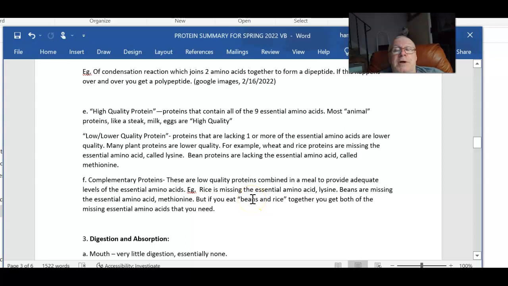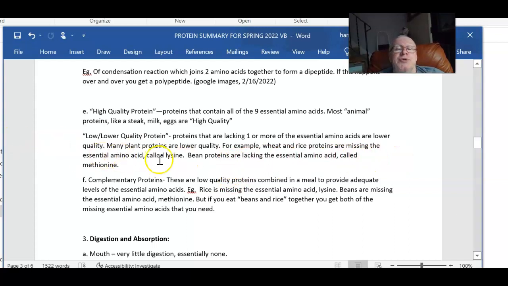The rice is missing lysine, but the beans have lysine in them. The beans are missing methionine, but the rice has methionine in it.